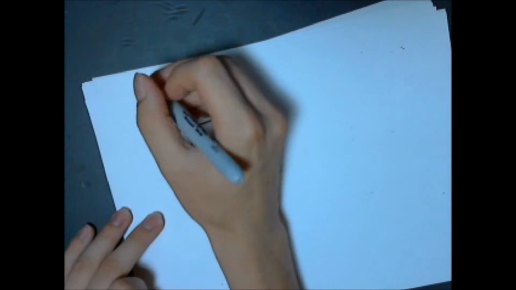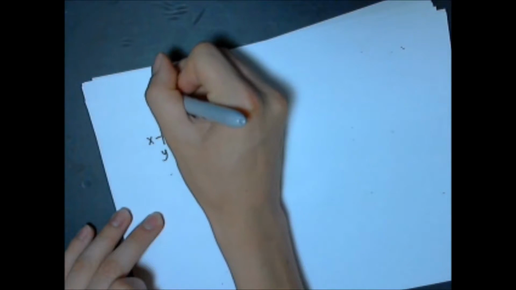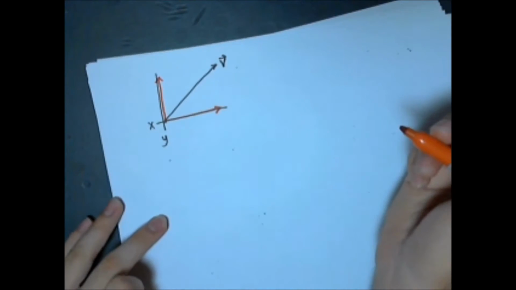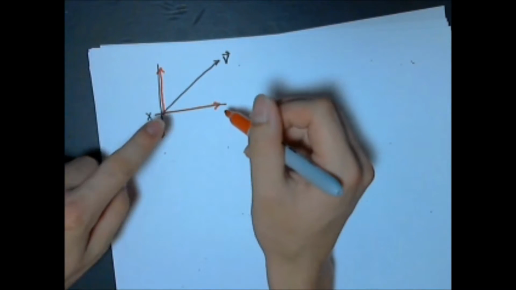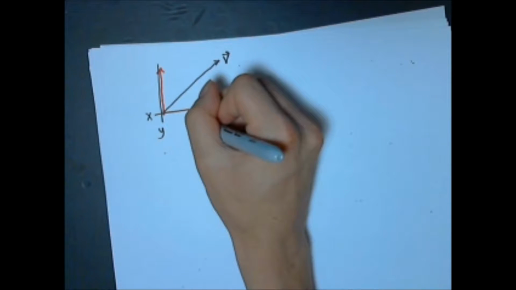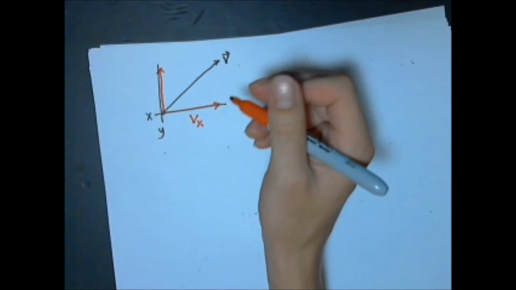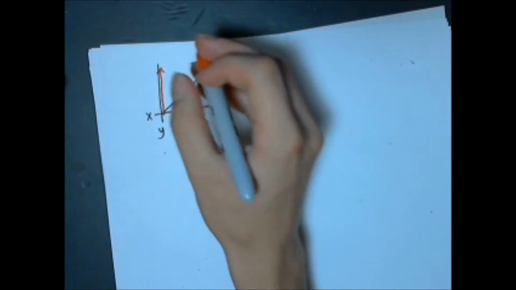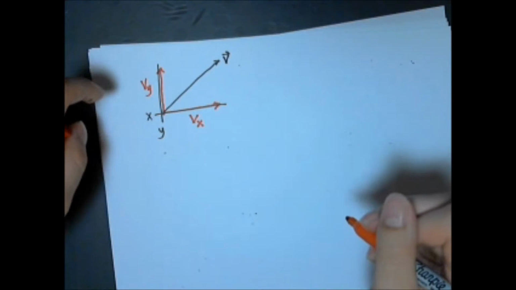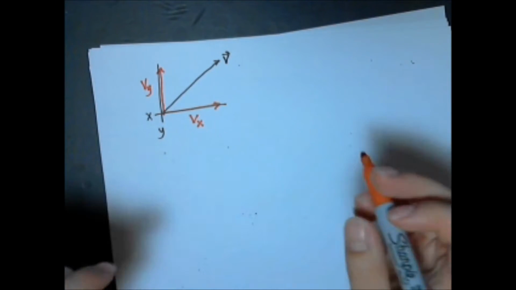In this case, you'd have the x component and the y component, because we're dealing in 2 dimensions here. So we would say this x component, v sub x, is always parallel to the x-axis, and this y component, v sub y, is always parallel to the y-axis.